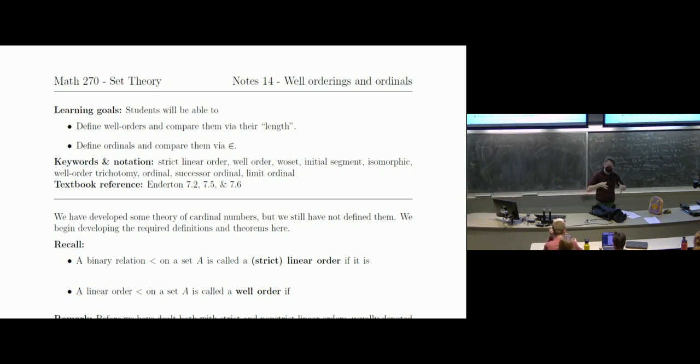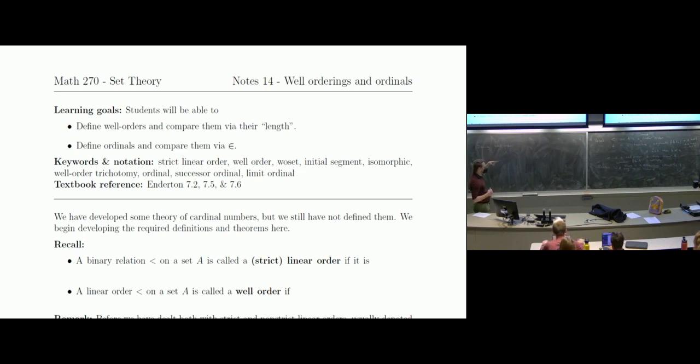So I've drawn these pictures before of orders, right, where the things at the bottom are smaller than the things above, and there's lines between them to show comparability. Right, we've done that with power sets and the subset relation and so on. So well orders have so much structure that there's only really one way this picture can look.